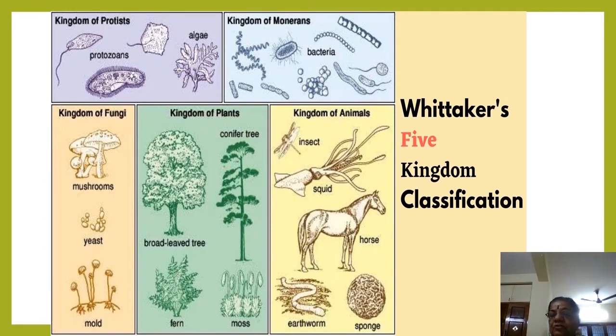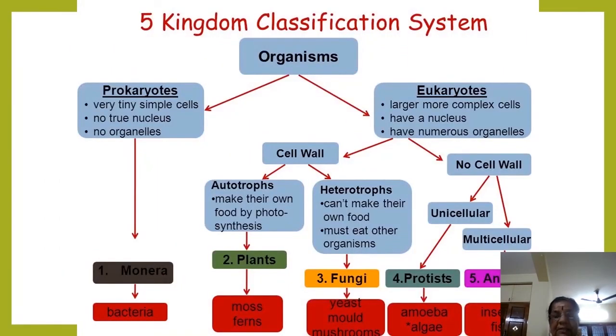The next one is even more beautiful, I feel, so I included it. It is very attractive. Organisms: prokaryotes have tiny simple cells, no true nucleus, no organelles. I should explain this. Organelles are membrane-bound structures present inside the cytoplasm.